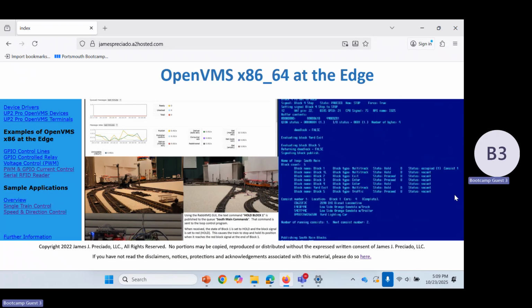Oh yeah, how I got patches to the original UP2 professional system. This was before the drivers got checked in and built as part of field test. So on my Integrity server, I've got the zip file downloaded that has the new drivers that I want to get over to x86.